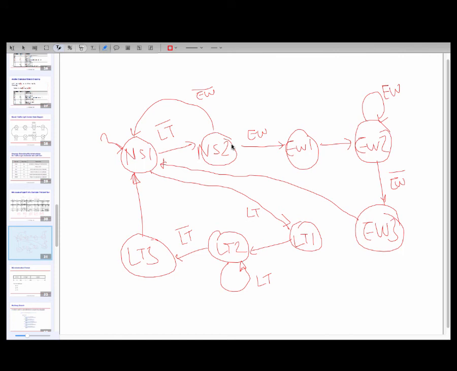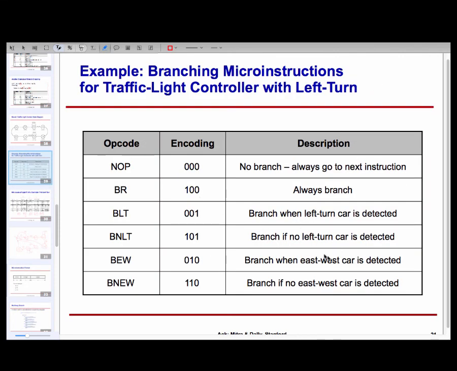But with the branch instruction, the problem is I cannot simultaneously check both east-west and left turn. At least with this set of branch instructions, I cannot say if east-west is true and left turn is not true, then go east-west; if left turn is true and east-west is not true, go in another direction, otherwise do something else. I can only check one at a time.